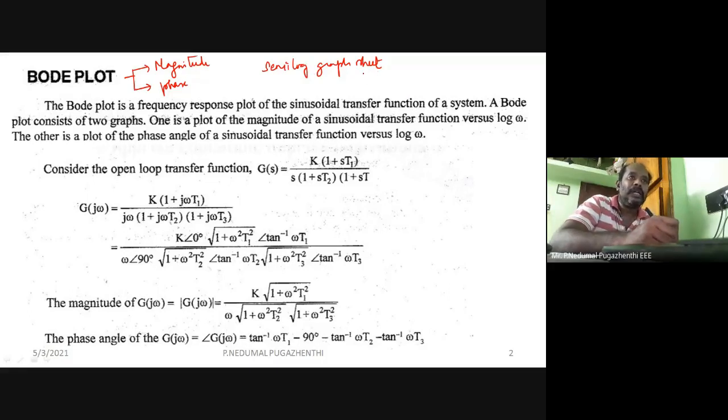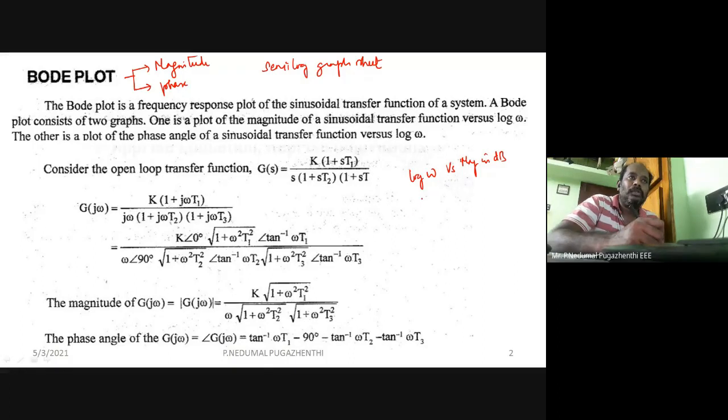For the magnitude axis, it is log omega versus magnitude in decibels. Because it is semi-logarithmic, the omega axis will be logarithmic, and the magnitude and phase y-axes will be linear.